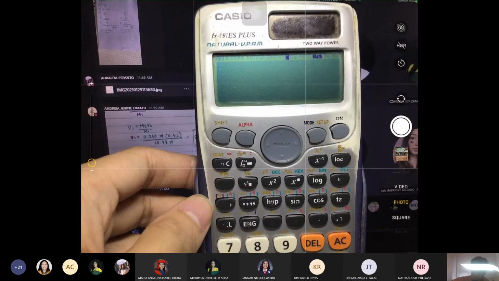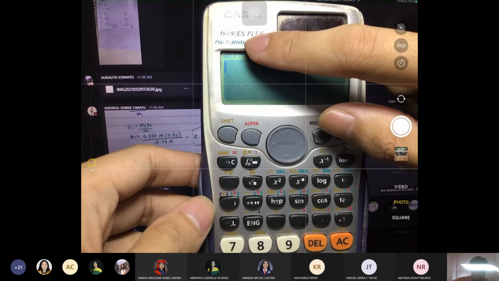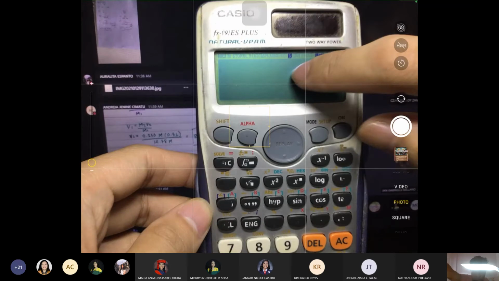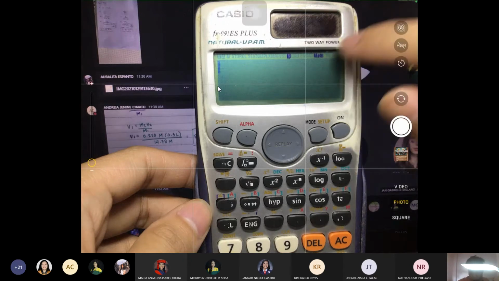Okay. If your calcu is Casio 991 ES plus or 570 ES or ClassWiz 970 EX or EX plus or something like that, you can use this technique. Pero kung hindi, edi hindi. Okay. So, paano po sir ako maglalagay ng equal sign? So, hindi mo pipindutin to. Kasi if you click this, solve niya yung operation.